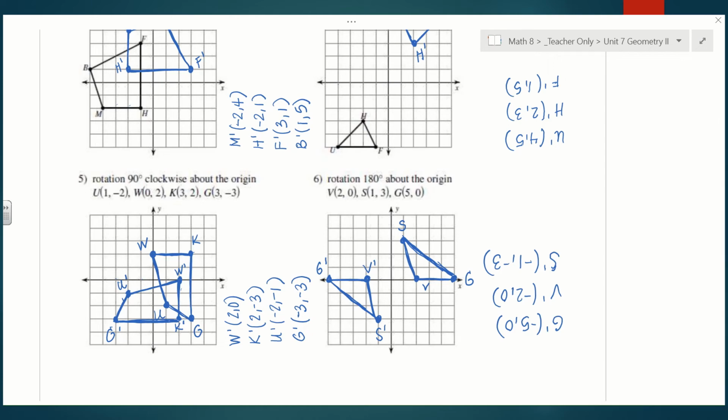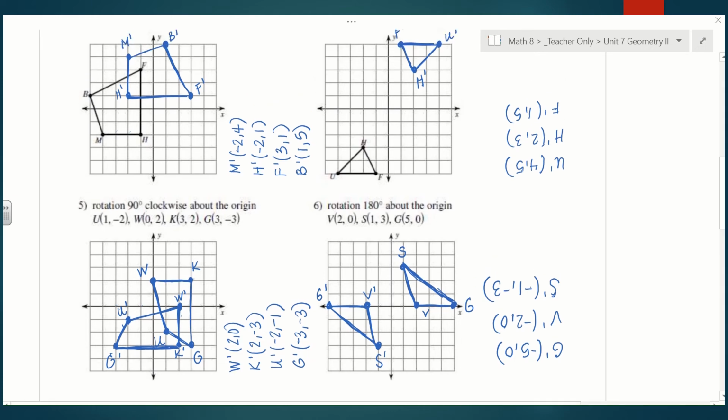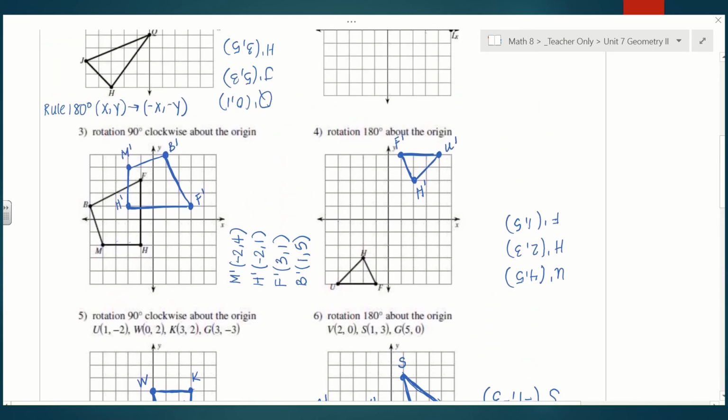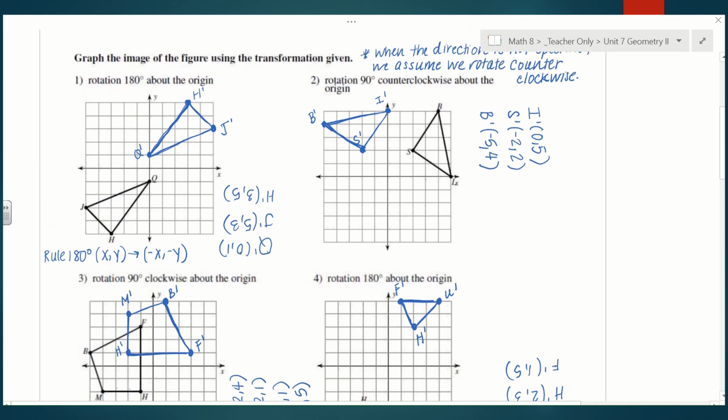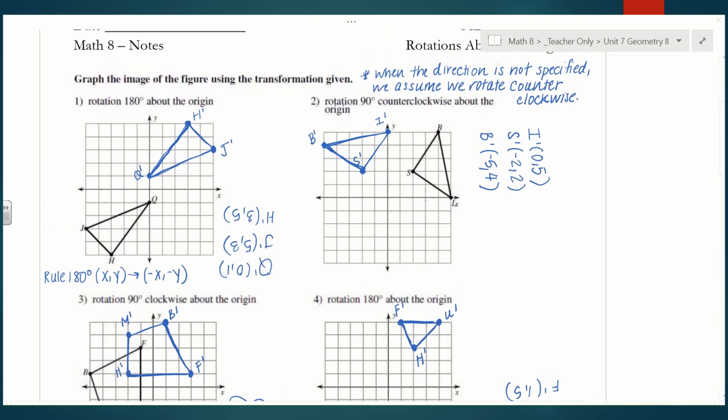Now I just realized I didn't write up above. I wanted to show you the rule for that 90 degree rotation. So I'm going to put right here, rule for 90 degrees. And this was going to not only reverse your coordinates, but it was going to also change the sign of the y coordinate.